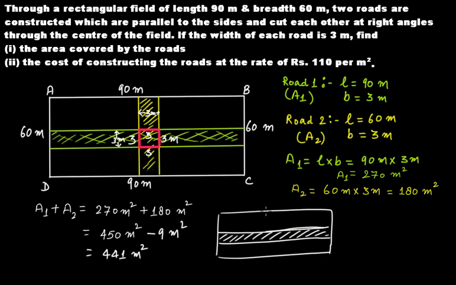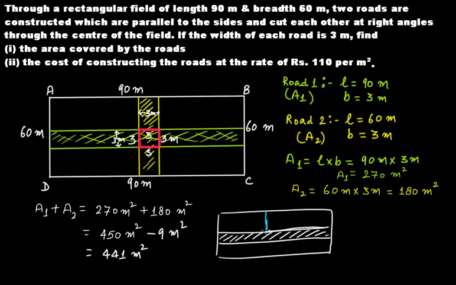And if I try to now build the second road from here, clearly it's passing through this region, and this particular area has already been calculated in this A1, right? So we cannot calculate two times. This area has already been calculated in A1. You can again see this, I'm removing it.